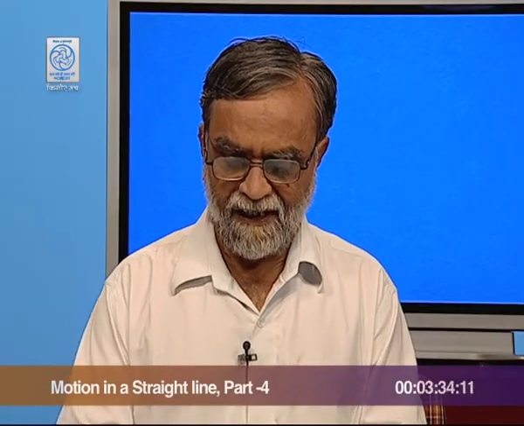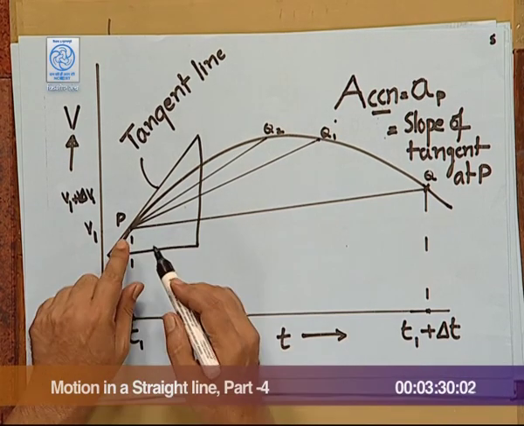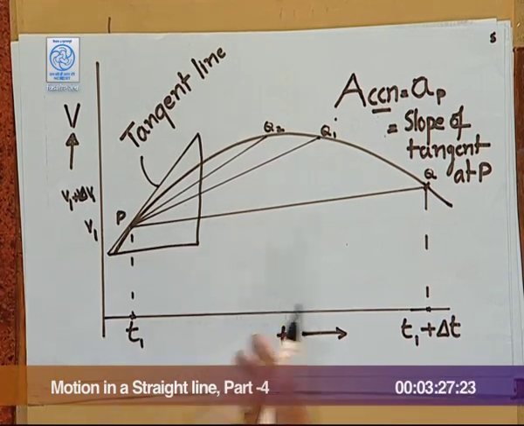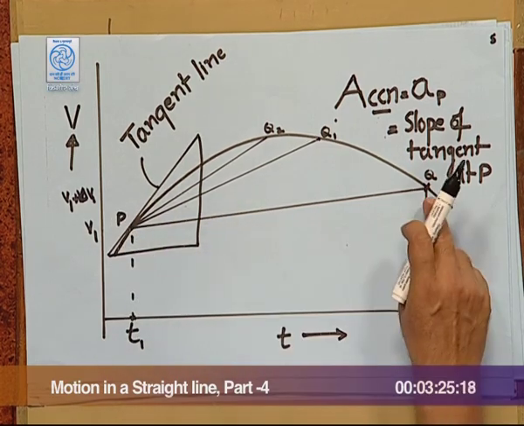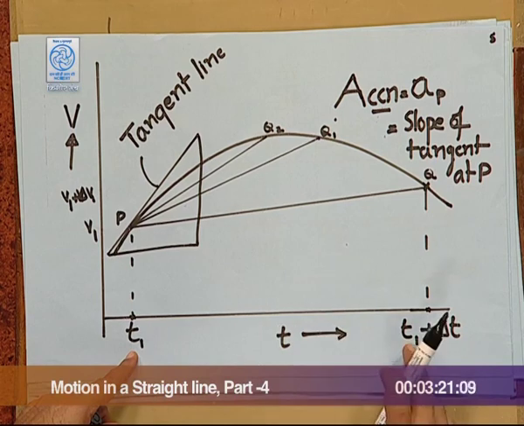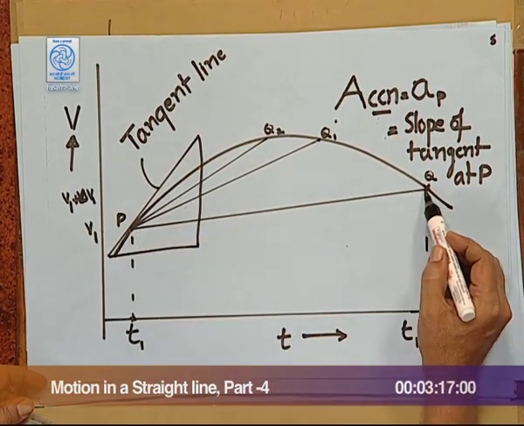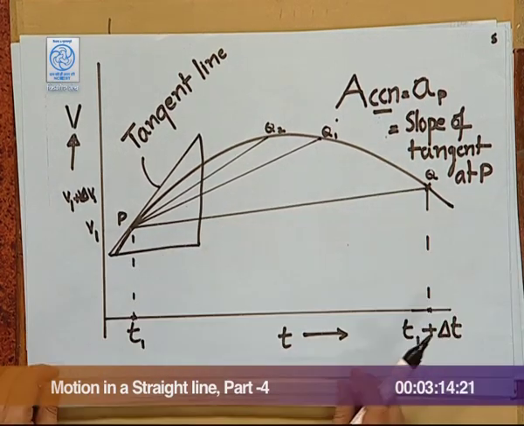Average acceleration in the interval t1 to t1 plus delta t is given by the slope of the line joining point P to Q, that is velocities at t1 and velocity at t1 plus delta t, which is indicated in the graph as the line P Q.